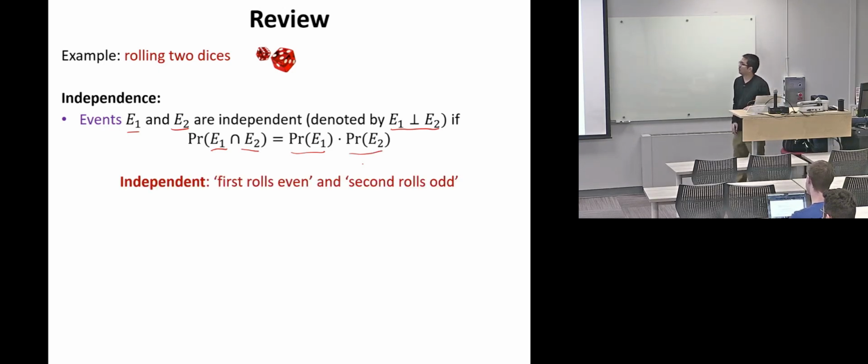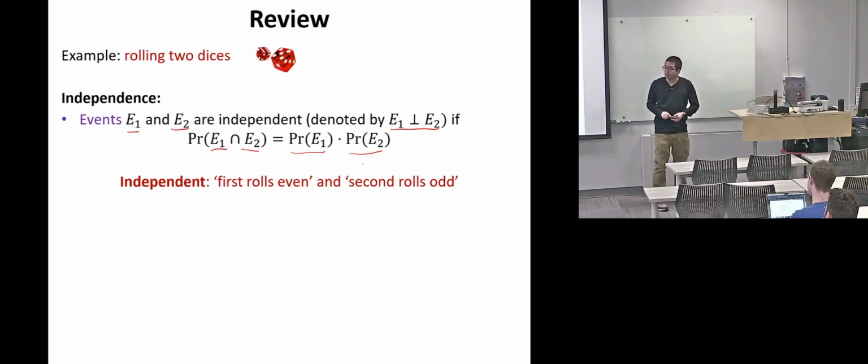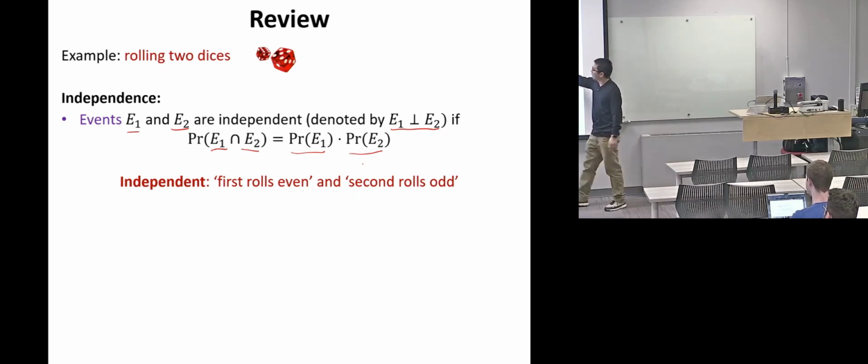For example, the event that the first die rolls even and the second die rolls odd. These are independent. They happen with probability 1/2 times 1/2.